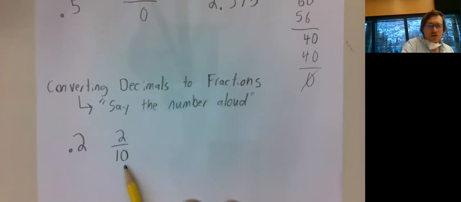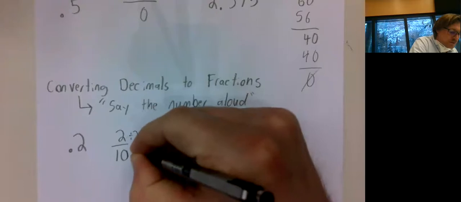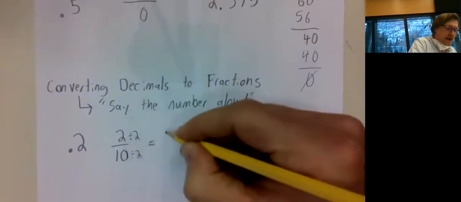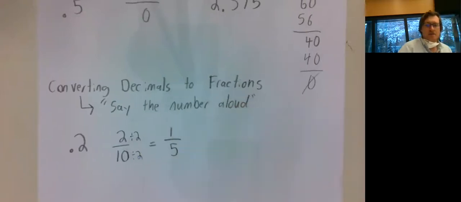We always want to reduce our numbers as far as we can. When we're reducing, we're looking for a number that both of those numbers are divisible by. Well, I know that they're both even, so I can divide each of those by 2. 2 divided by 2 is 1. 10 divided by 2 is 5. So 2 tenths is converted into 1/5. We took a decimal and we turned it into a fraction.